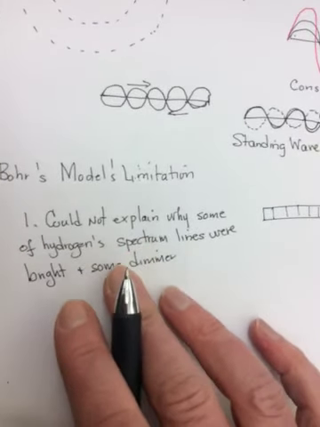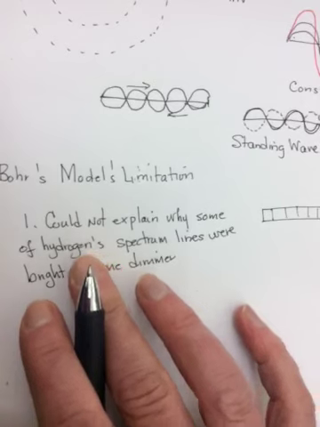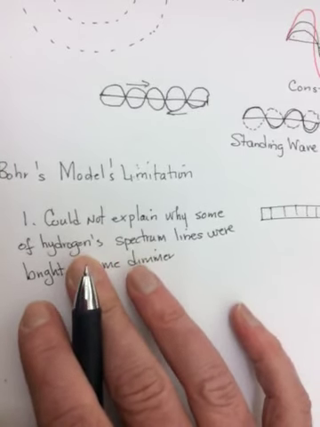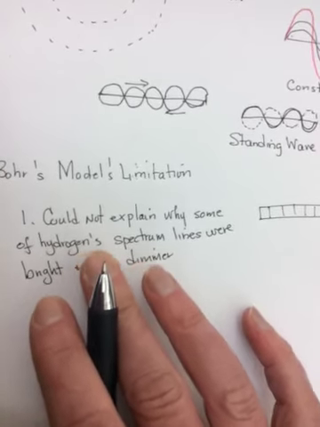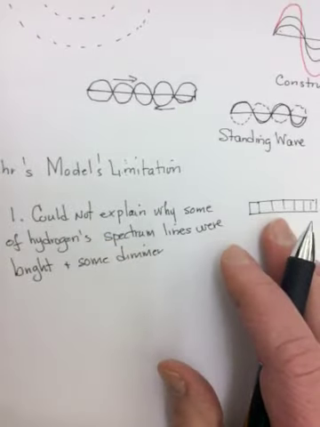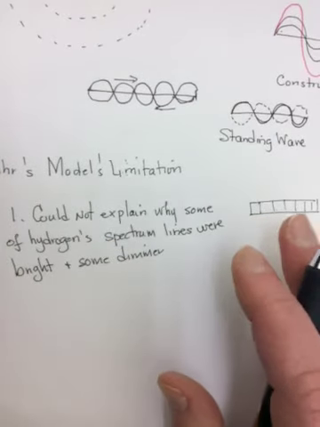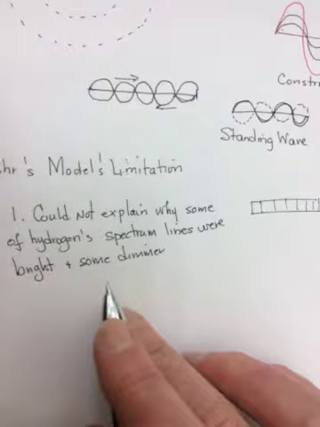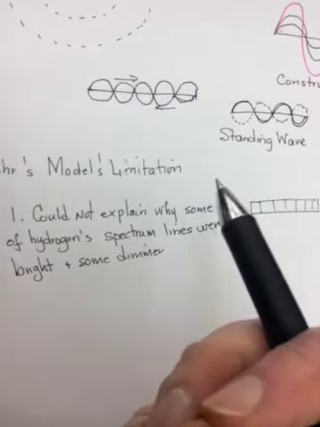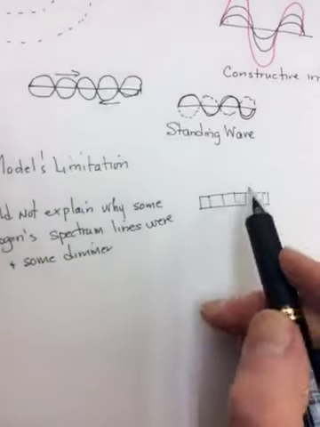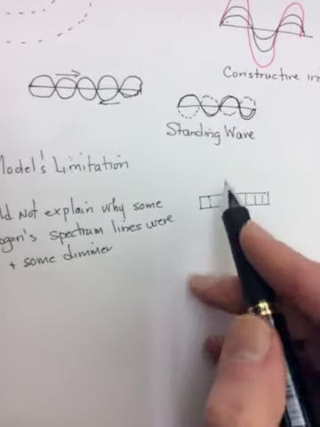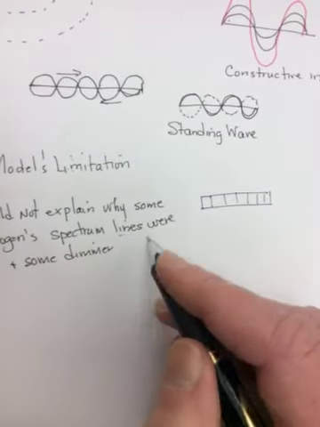So what we'll do, and what Bohr did, is take hydrogen gas, and this will be our next lab. We'll heat it to the point of incandescence. We'll run a current through it until it glows, and then we'll look at the color that it gives off, and we'll see what's called its spectral lines.